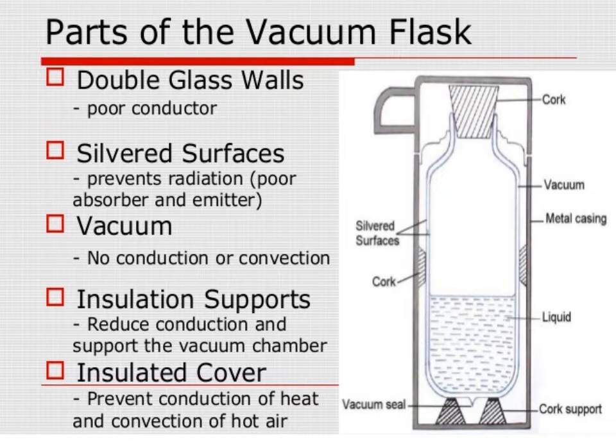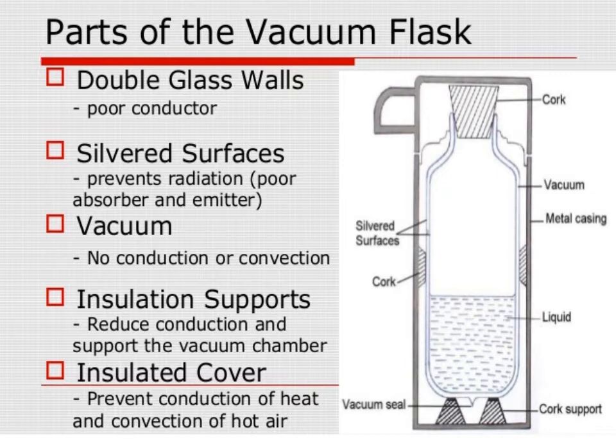It consists of a double-walled glass flask having vacuum between the walls kept inside a metallic case with cork supporters. The outer and inner surface of the glass flask are highly silvered. The mouth of the flask is fitted with airtight cork.